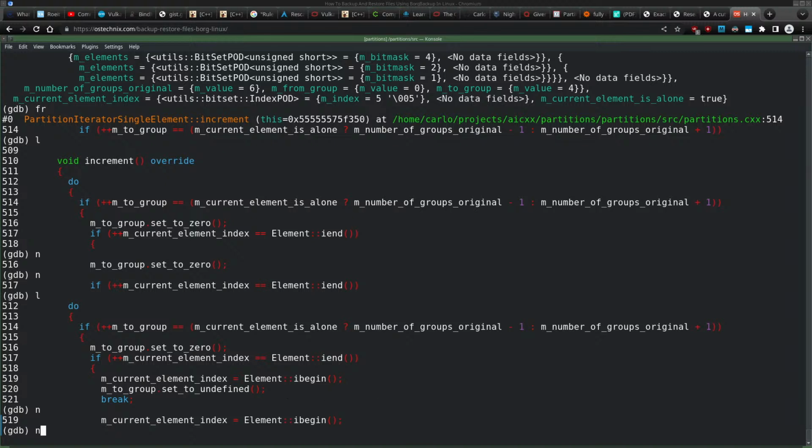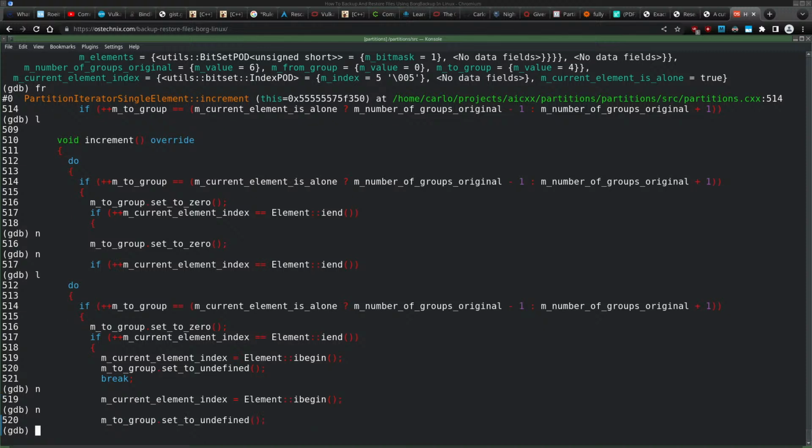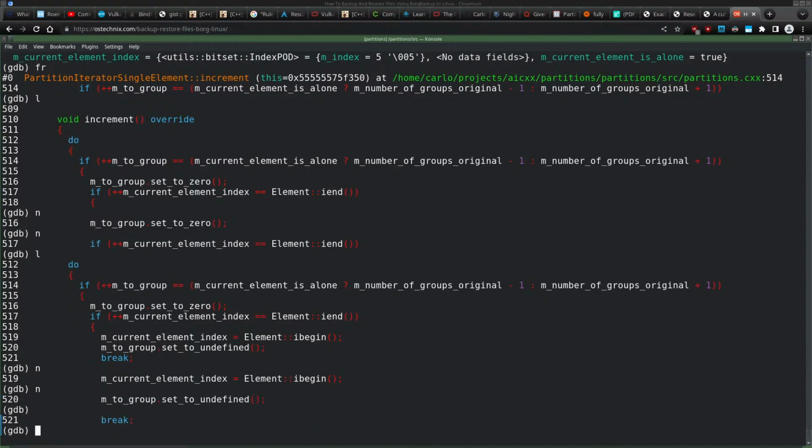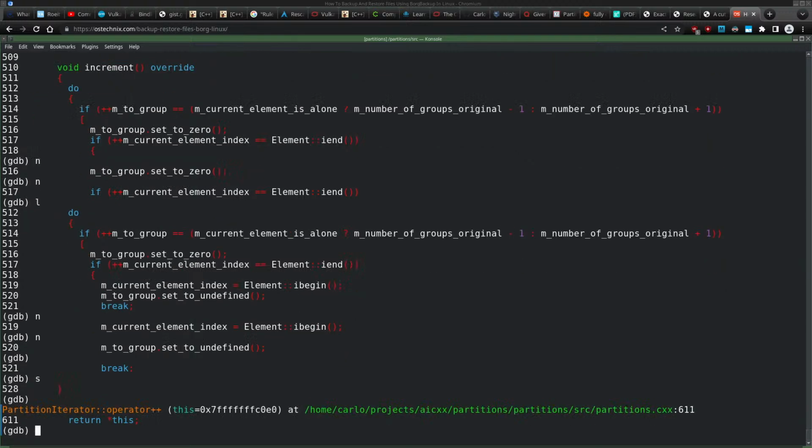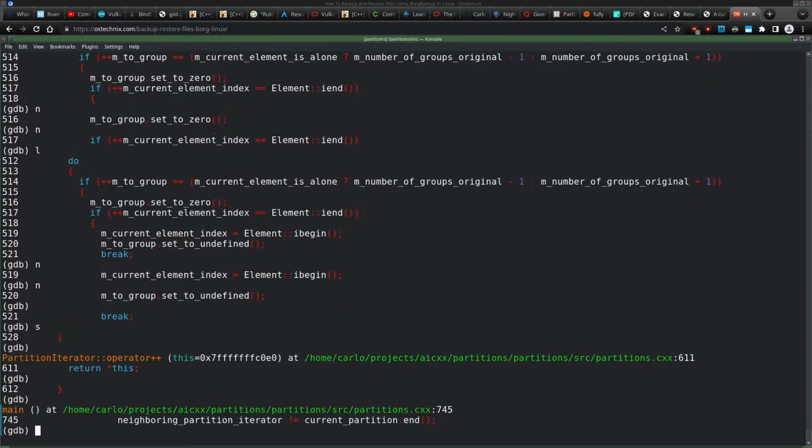I see it coming now. It is the unequal operator that is wrong. So we do this, we break. I'm gonna do step even. Yep. So now this thing has become the end operator.